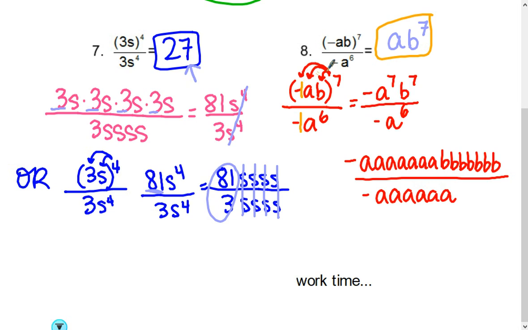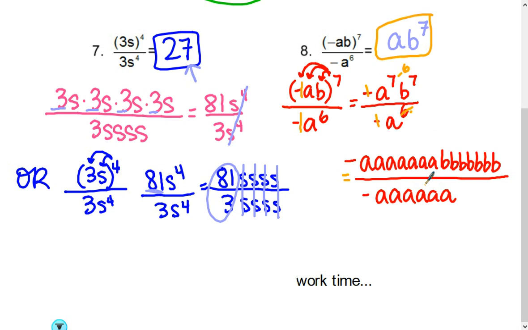So I distributed my power to everybody. I still had this negative 1, a to the 7th, b to the 7th over negative 1, a to the 6th power. Using my rule, or I went ahead and expanded form down here, but you would want to just subtract these to the top, and negative divided by negative is a positive.